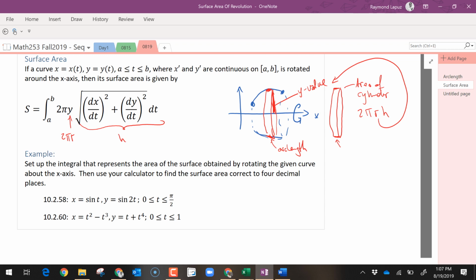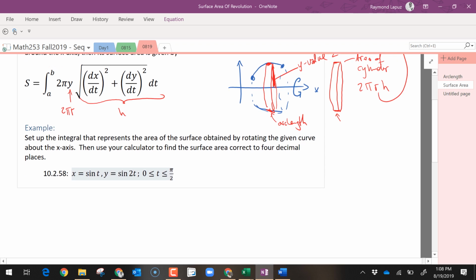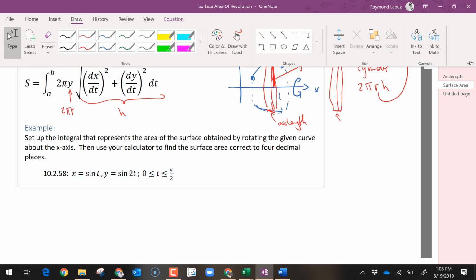Which one should we do? Let's do the first one. So let's find the surface area of this thing being revolved around the x-axis. So I think we just need some derivatives, and we just need to use a formula.